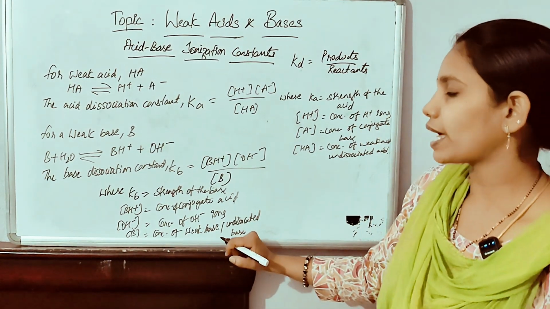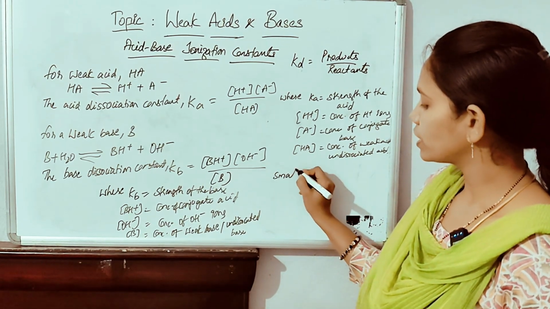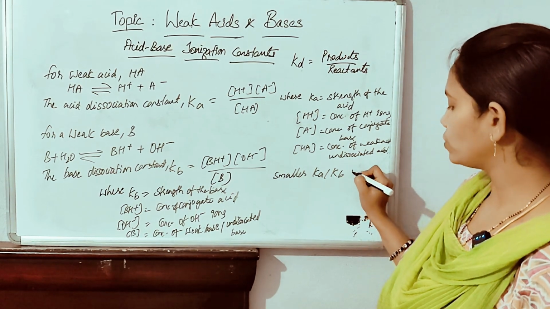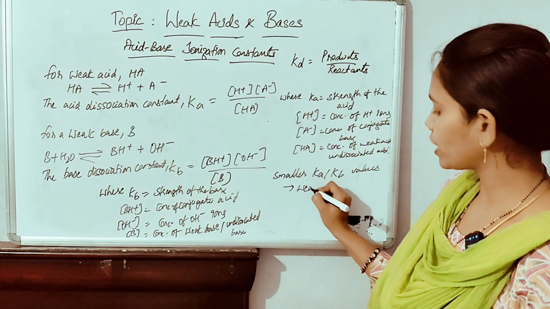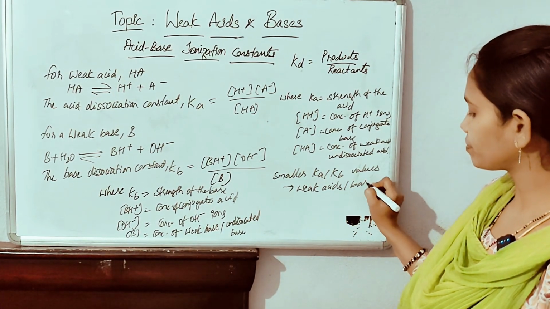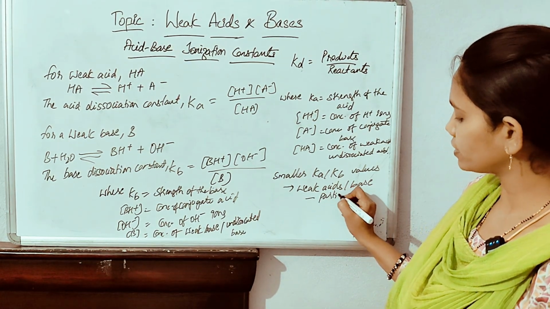So by calculating this, if you get smaller Ka or Kb values, it means those are weak acids or bases because they ionize partially or less.